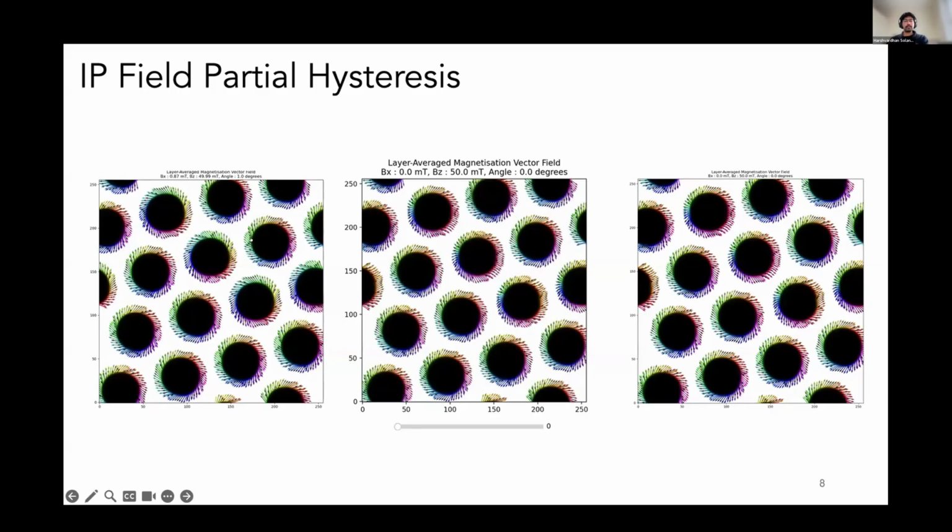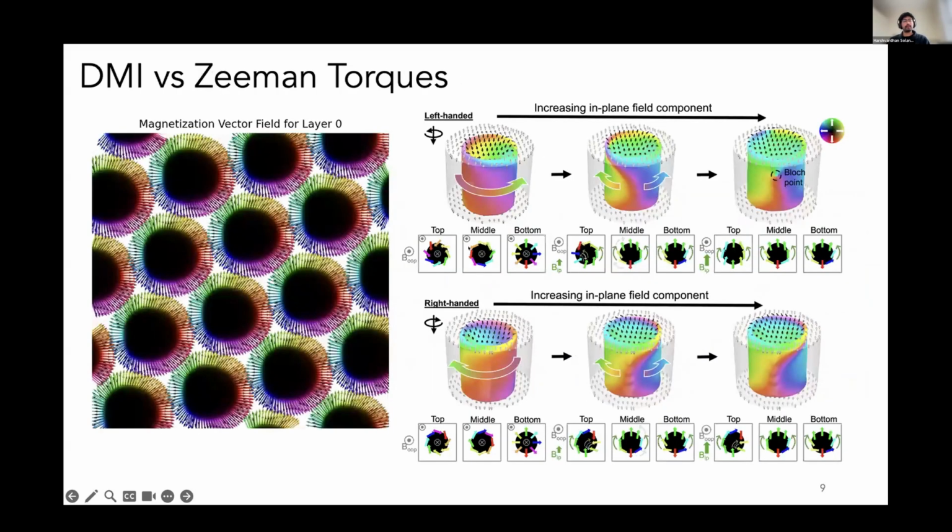We can see that by doing an analysis of the DMI interactions in opposition with the Zeeman torque. We see that these left-handed or counterclockwise bubbles switch to the type 2 bubbles at very slightly lower values of the in-plane field, and this is because the DMI torque assists the formation of these type 2 bubbles a little stronger than it does for the clockwise case.